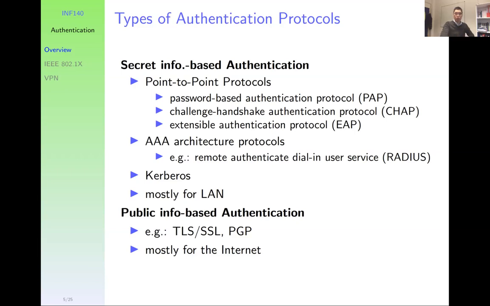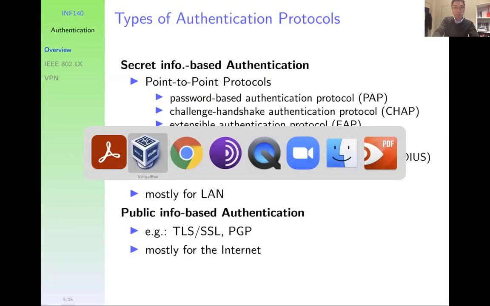The first one is the password authentication protocol. The second one is the challenge handshake authentication protocol. And the third one is the extensible authentication protocol. For the password authentication protocol, let's look at it with some drawing.